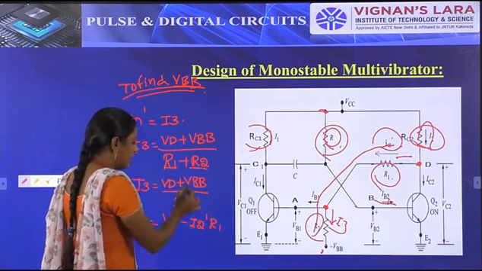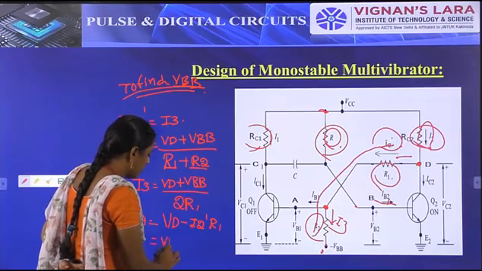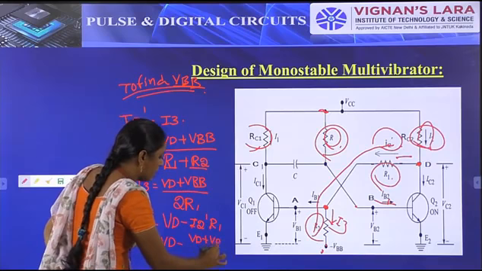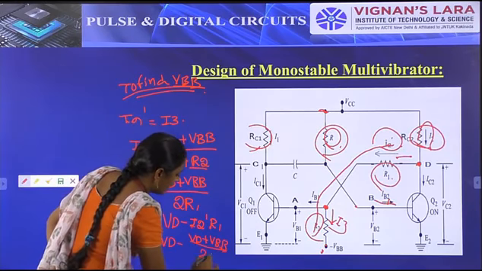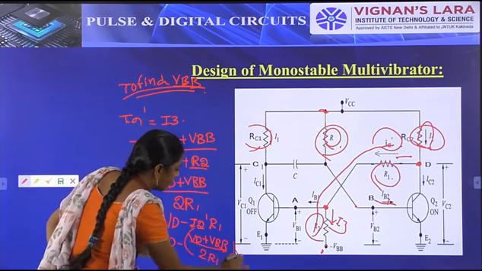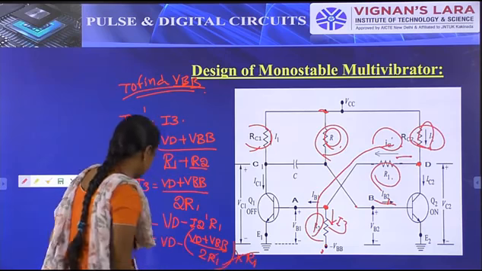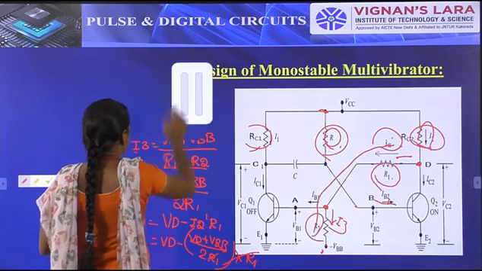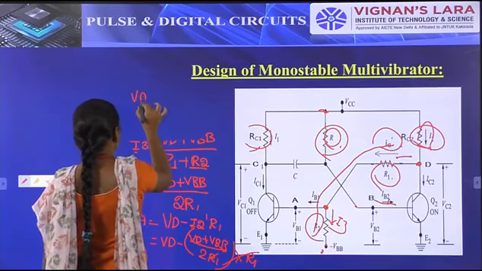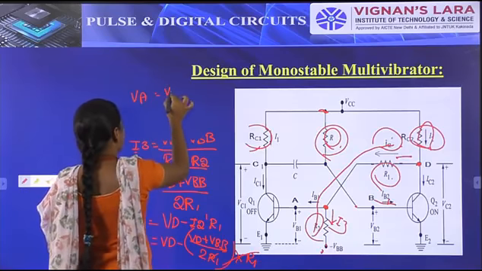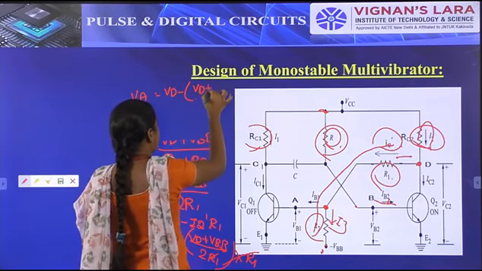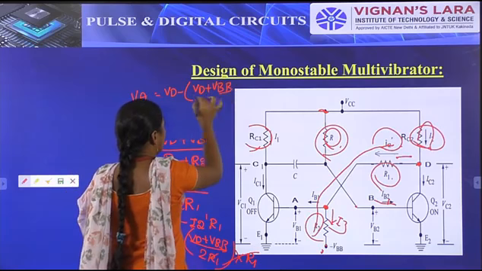Simply substitute this I2 dash value: VD minus (VD plus VBB) by 2R1, into R1. So R1 will be cancelled, and VA will be VD minus (VD plus VBB) by 2.